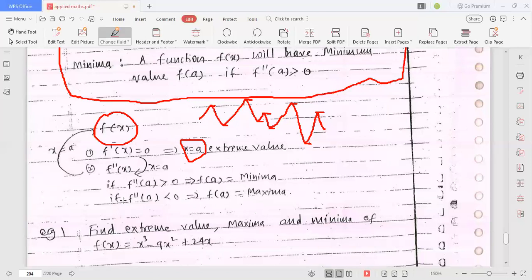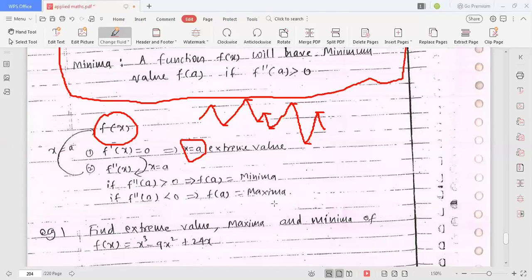But this is the definition. This is not f of a, this is f double dash a. So you must understand that to find the maximum value for a function f of x, f double dash a should be less than 0, and for finding the minimum value, f double dash a should be greater than 0.